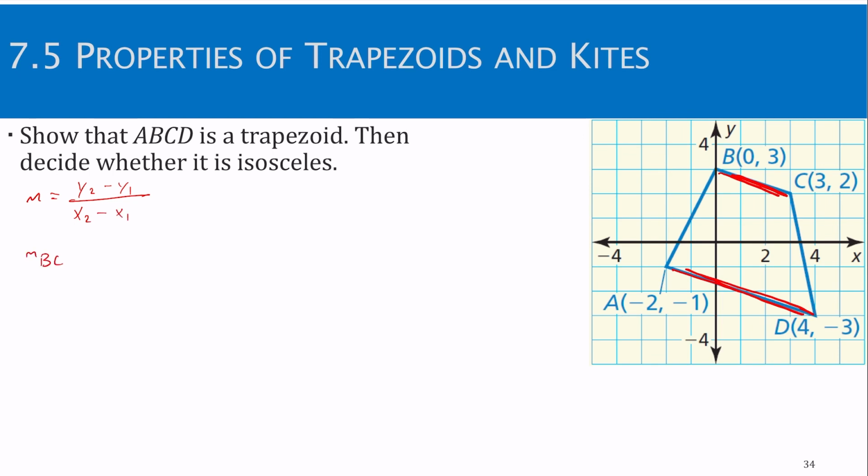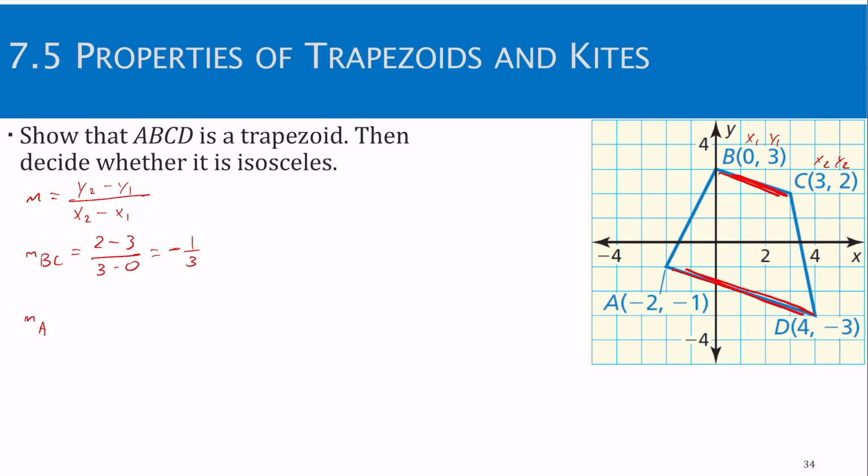So the slope of BC at the top, y2 would be 2, y1 would be 3, x2 is 3, x1 is 0. So that gives me negative 1 over 3.